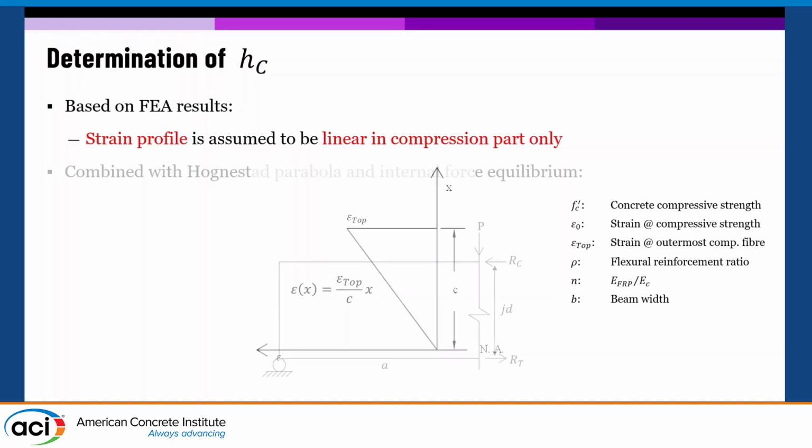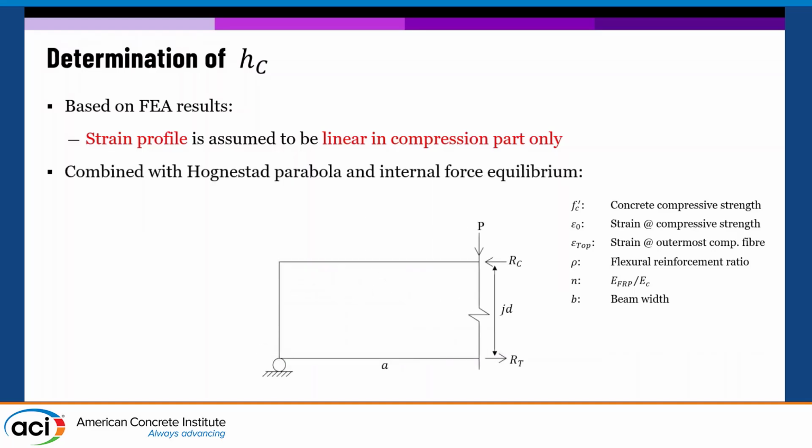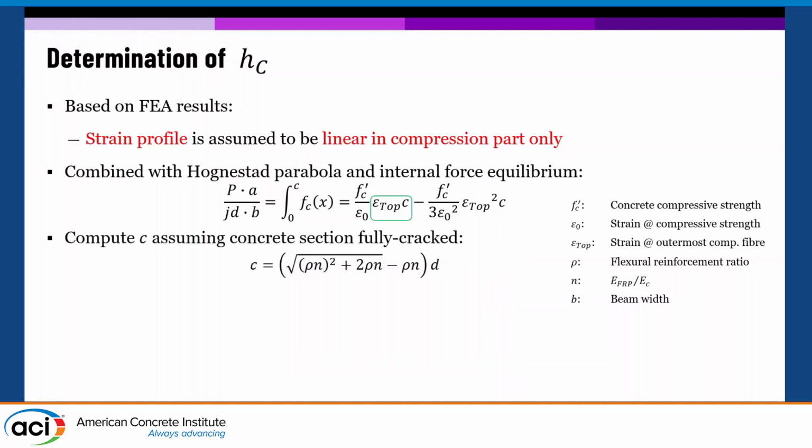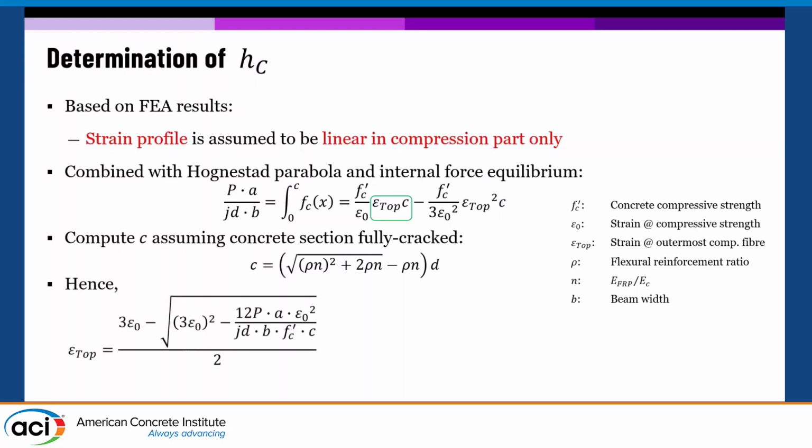Yeah, and you have equilibrium of forces, and then you have to assume that it's fully cracked, which is an assumption. So you have another equation, and from this you can actually calculate epsilon top.